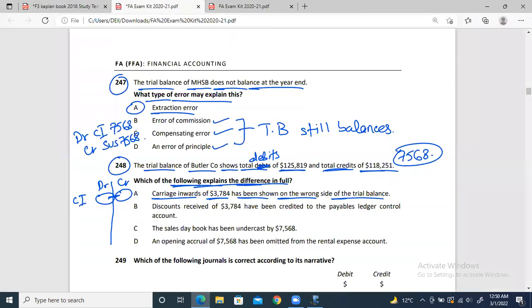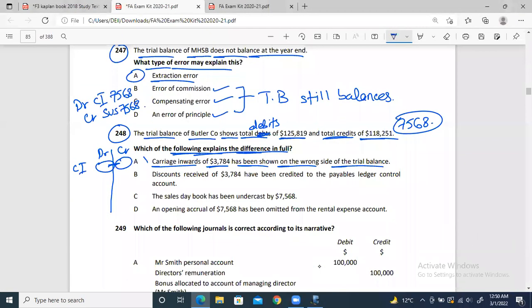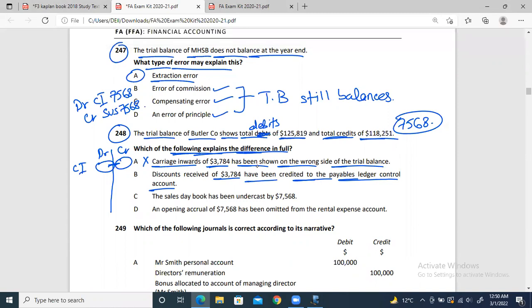Just a second. Okay. Now let's look at option B. A is wrong. So discount received of 3784 has been credited to the payable ledger control account, right? So in the payable control account, you see discount received always reduces them, right? And for reducing payables, what do we do? Debit payables.